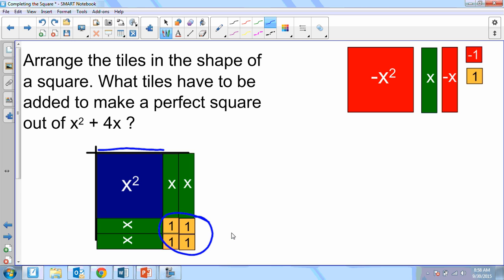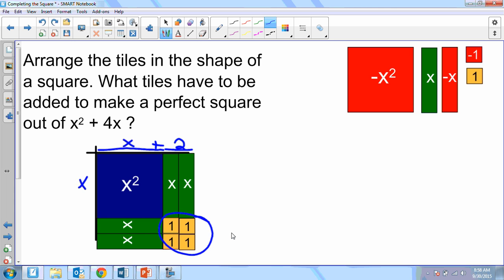It's an x squared, so this is x and this is x. X by x gets me x squared. Everybody agree with that? Okay. How long is this? We have two of these x's. This part is 2. This dimension's already x, but this side is 2.